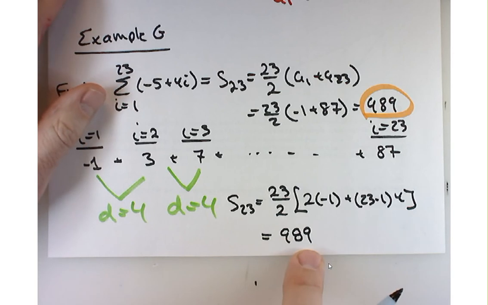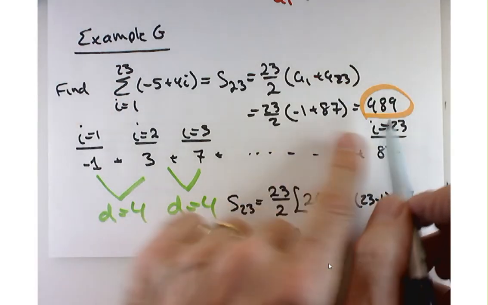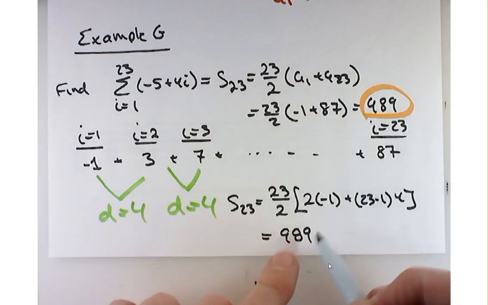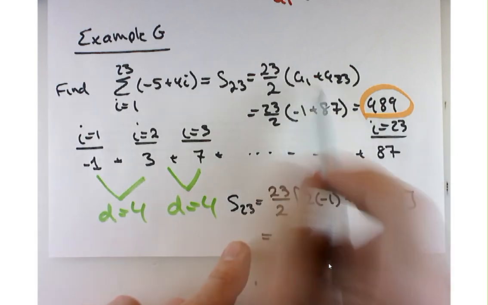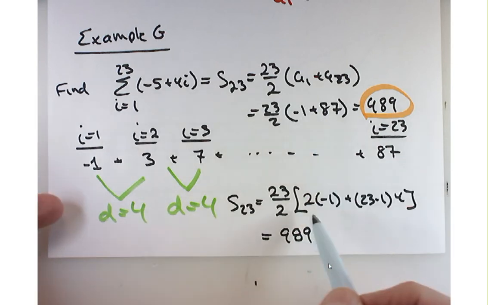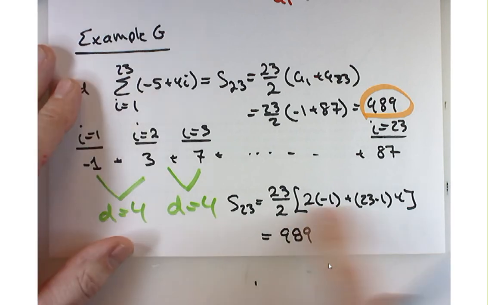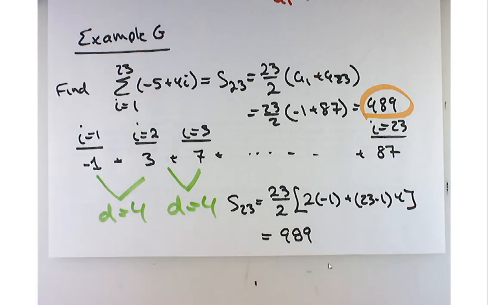Not so bad. It's kind of up to you. Do you want to take the time to calculate this term and then use this form of the sum? Or skip it and just do a little bit of extra arithmetic here. This, when you evaluate it, should give you 86, which it will.